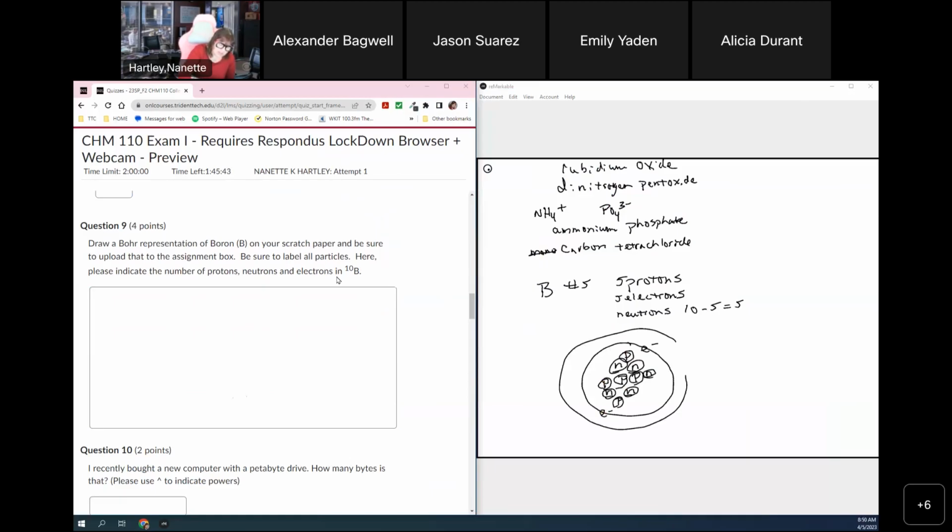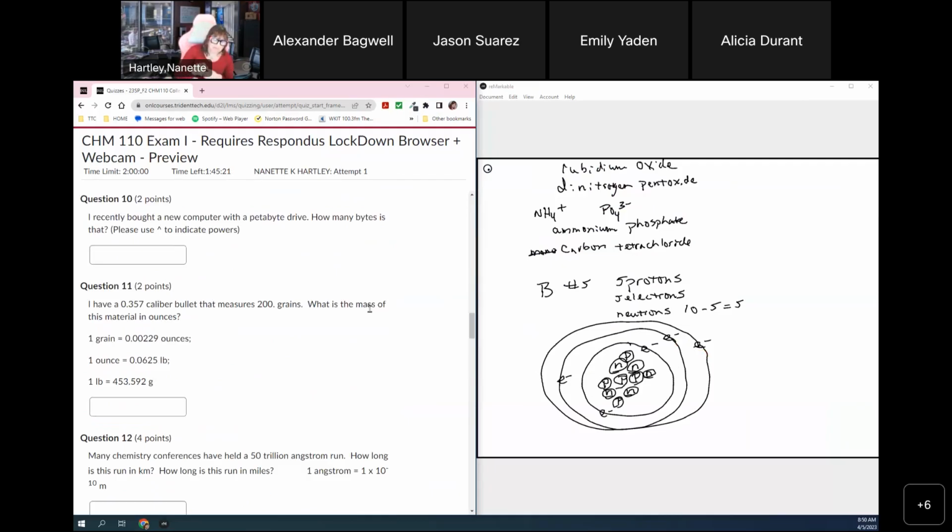They don't necessarily need to be in the correct places or anything else. I would have done them like this, because I have my 1s, my 2s, and my 2p, but that's just for me. That is not required for you.